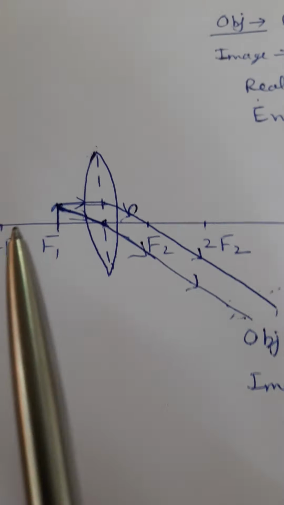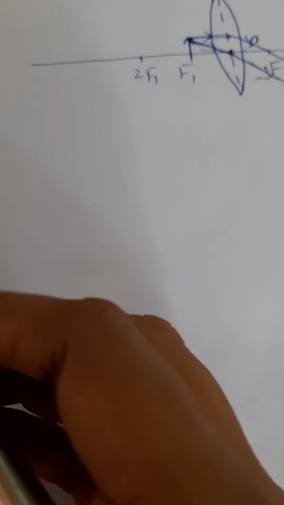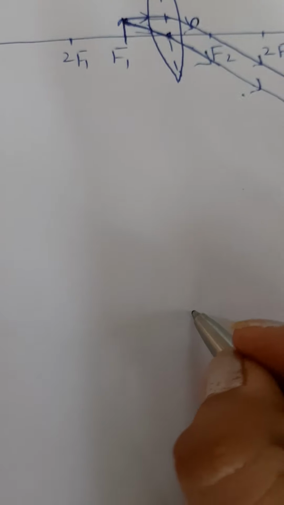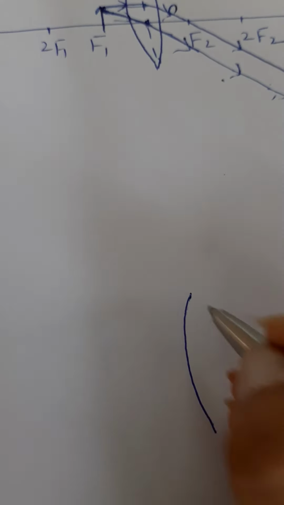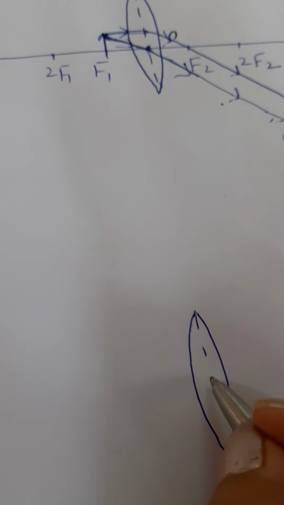This is the fifth one: if the object is at F1, the image will be at infinity. Now the sixth one is, if the object is kept very close to the lens, or you can say if the object is kept between the optical center and F1.